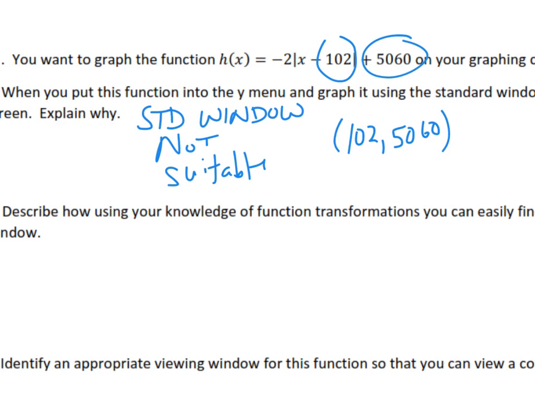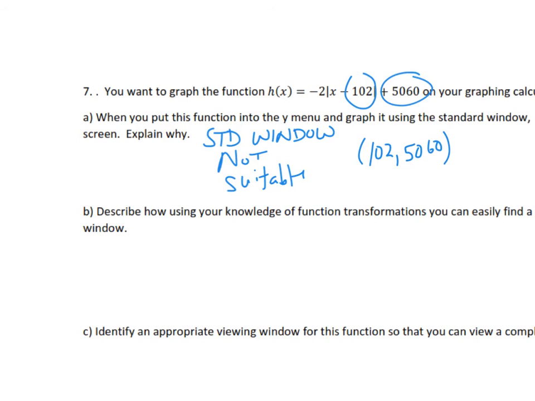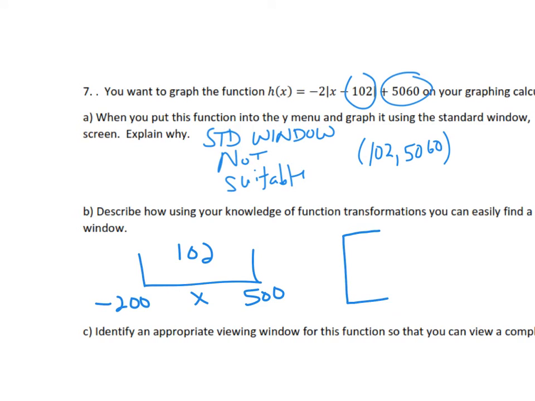So if I do want to adjust this so I can see it, I'm going to start by looking at the vertex, and I'm going to say, okay, 102. So I'm going to need to center my domain around that 102 vertex. So maybe I go negative 200 to 500 as a start. And then for my y-axis, I have to get 5060 there, but because it's inverted, it's going down.